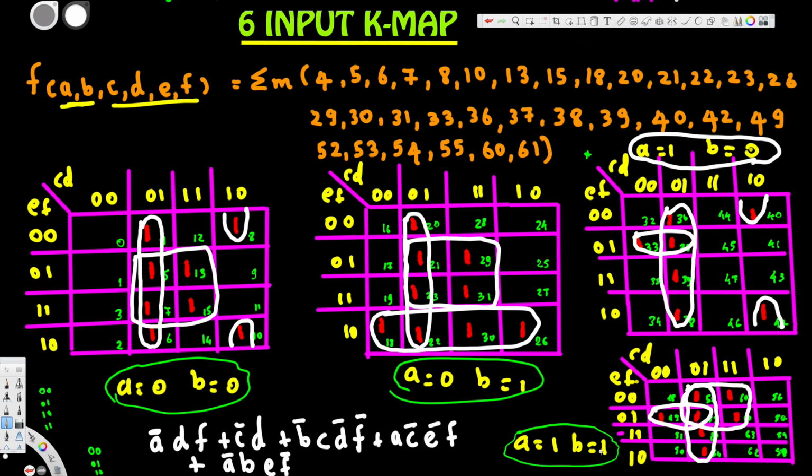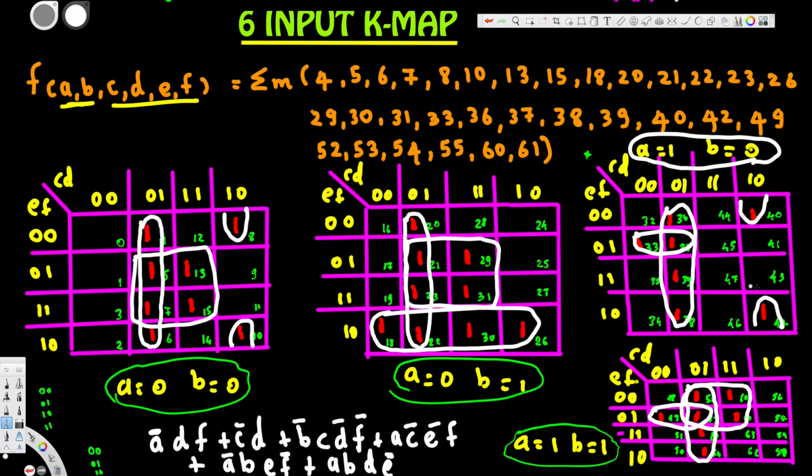So we have to include this A and B. Since A and B are 1, we can just write it as it is, A, B. And then if you look at C and D, C is changing, D is not changing. So we have to put D. D is 1 already, so we can just keep it as it is. And E and F, E is not changing, F is changing. So E is 0, so we have to put E complement. And that's it for this one.